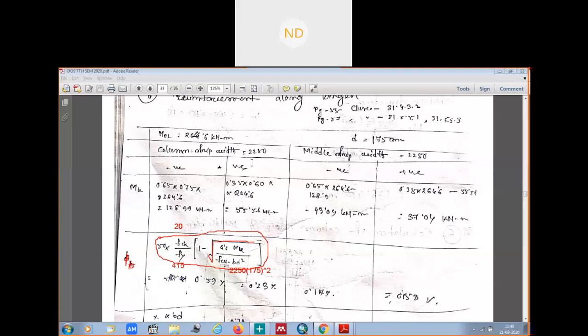Only Mu is going to change here for the positive moment, column strip positive moment. b is going to remain the same, fck remains the same, d we know is 175 for the longer direction. So only the Mu value is going to change when you are calculating the percentage of steel for the column strip and the middle strip, whether it be negative or positive moment. So in this way you will get different percentages of steel.